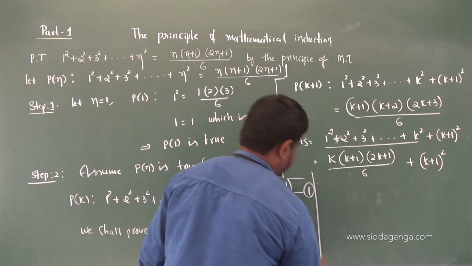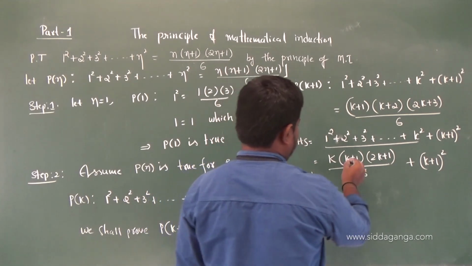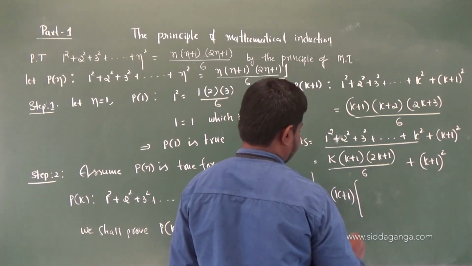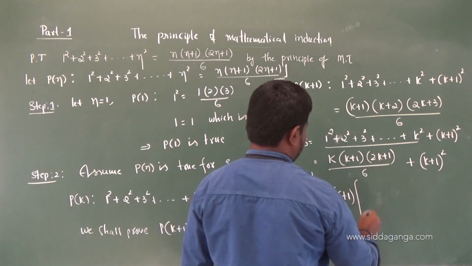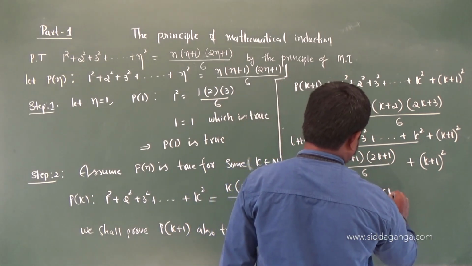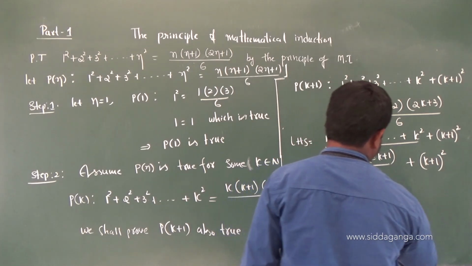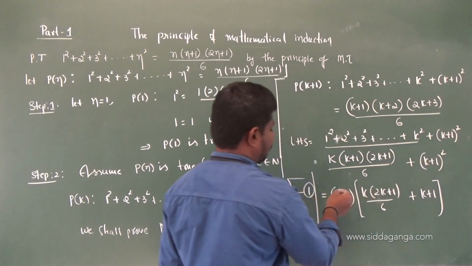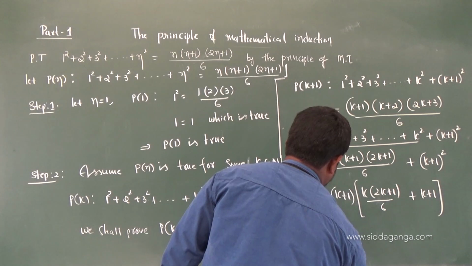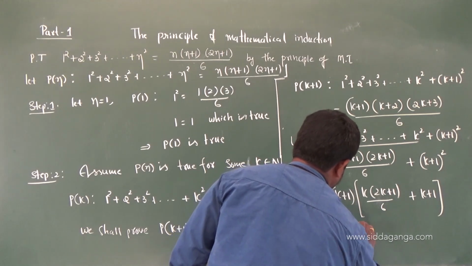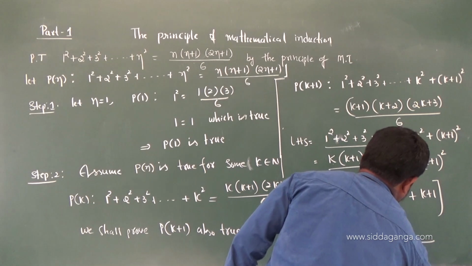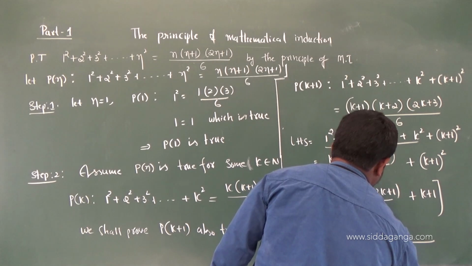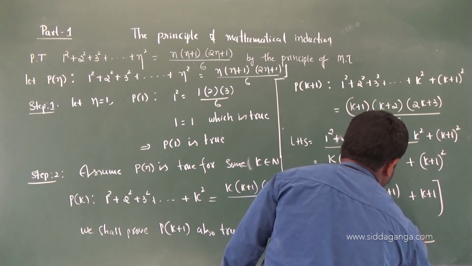Now in these two, k plus 1 is common. Take it outside. k plus 1 into, what is the remaining? k into 2k plus 1 by 6 plus k plus 1 is remaining, because k plus 1 whole square we have, one k plus 1 is taken outside. Let me simplify this. k plus 1 into, 6 will be the LCM. So k into 2k, so 2k square plus k plus 6k plus 6.